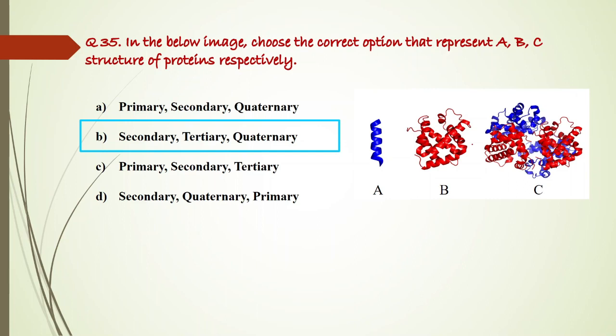Whenever these secondary structures are joined among each other by loops and turns, they are called tertiary structure. And the third one is basically the accumulation of different subunits. Different tertiary subunits come together to form a quaternary structure in case of C. So our correct option was option B.